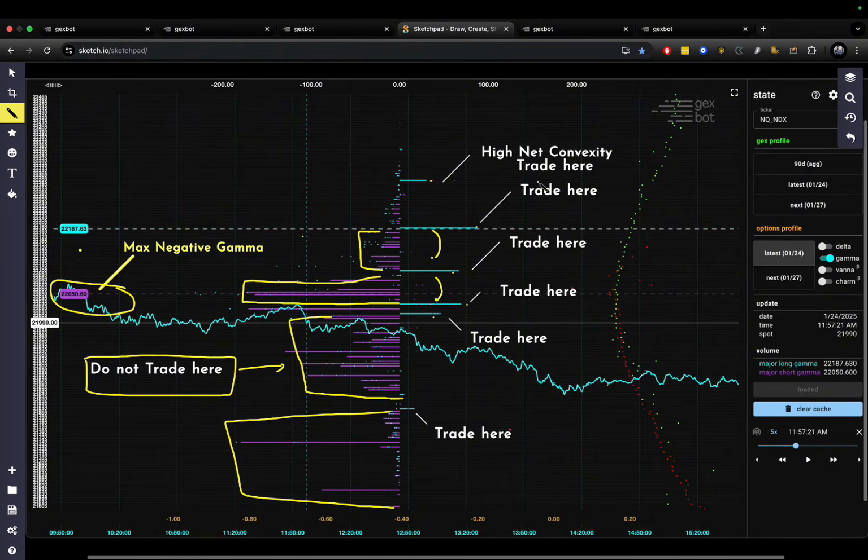So the way to trade this Gexbot is, and this is how I do it, and this is what I learned from Jasper, we do not interact in the market on the negative gamma. So on this, which is the gamma profile, what we have is the excess of gamma or high net convexity, which are these blue bars, right?